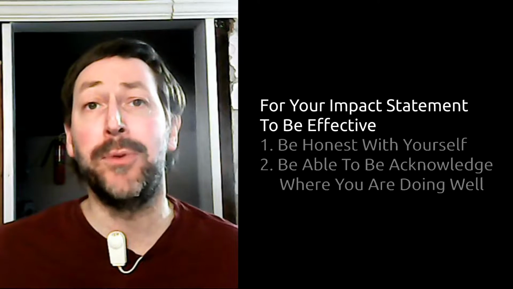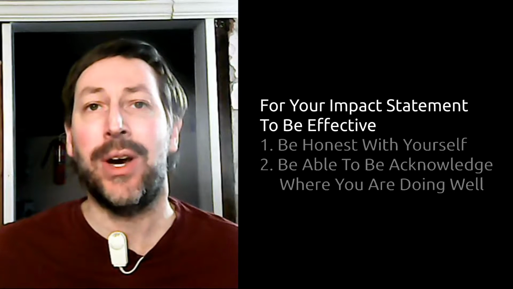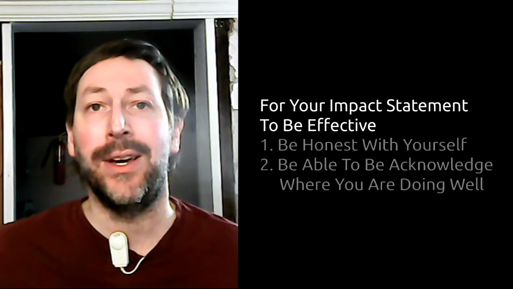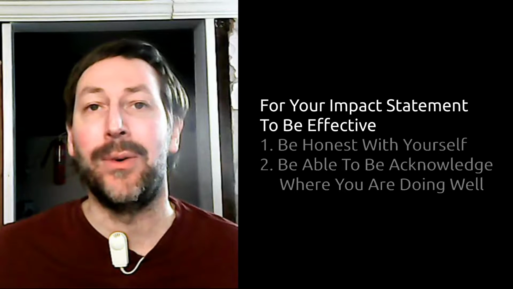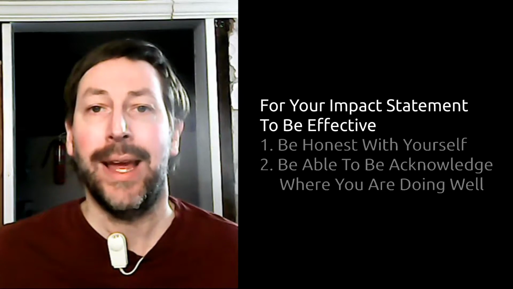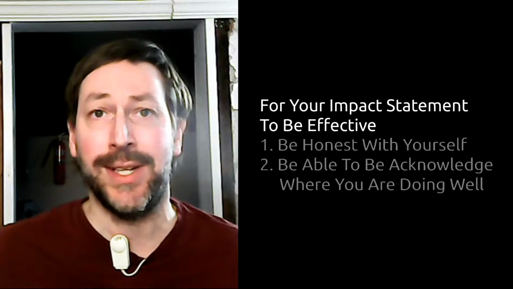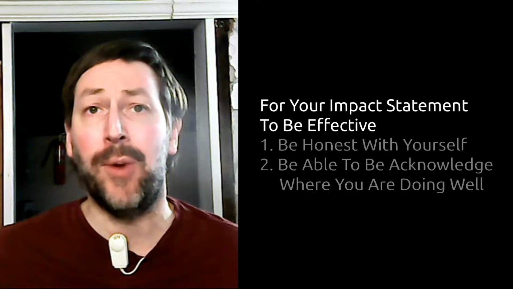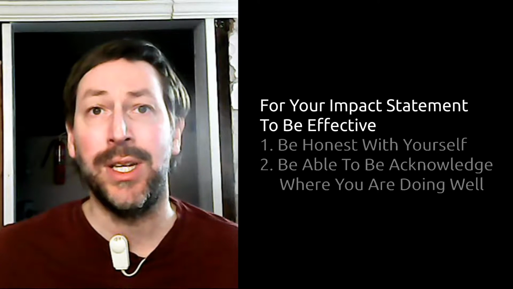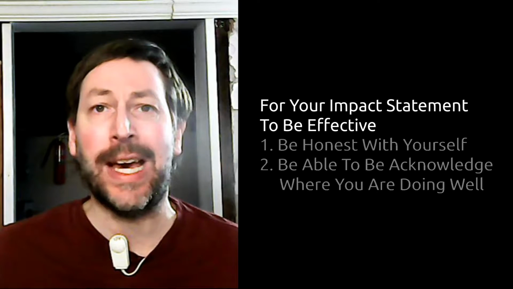So part of acknowledging where you're doing well at is not being in the mindset of why me or feeling sorry for yourself. And being honest with this in both sides of the scale is the only way this works and will be a tool in getting you the help that you need.